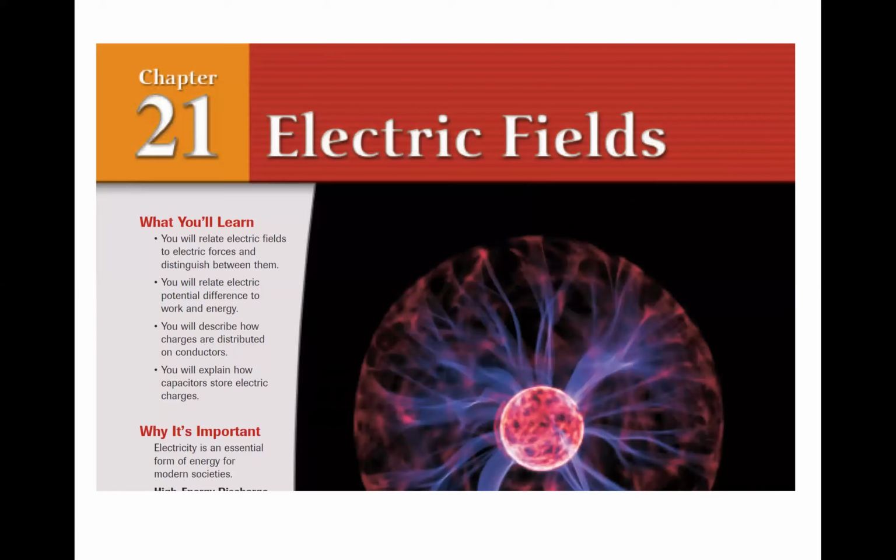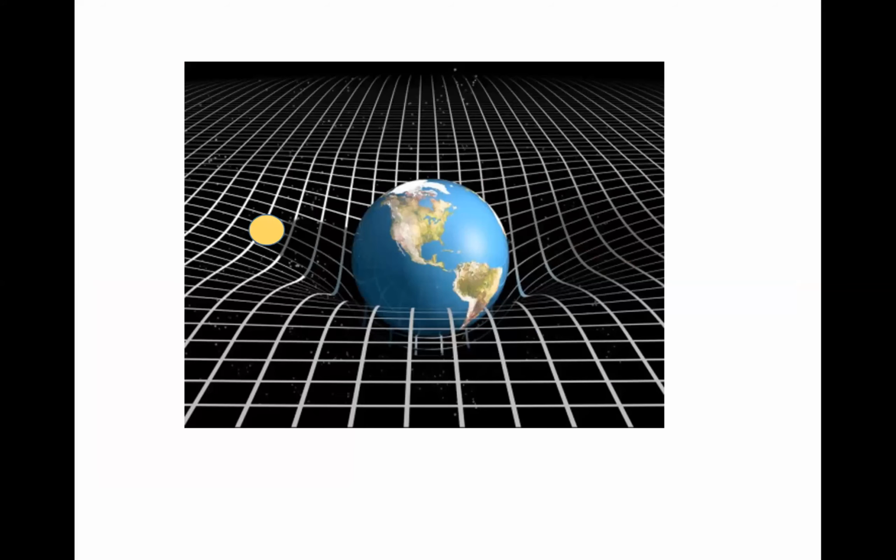Okay, that's pretty much all that I intend to do with chapter 20. So we're going to move into chapter 21, and these fields that we're talking about here are exactly related to this stretching of the fabric idea. The Earth has a gravitational field that surrounds it, which, when we talk about a gravitational field, what we really mean is how tightly the fabric of the universe is stretched.